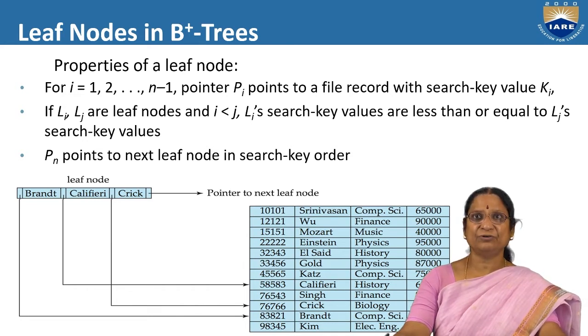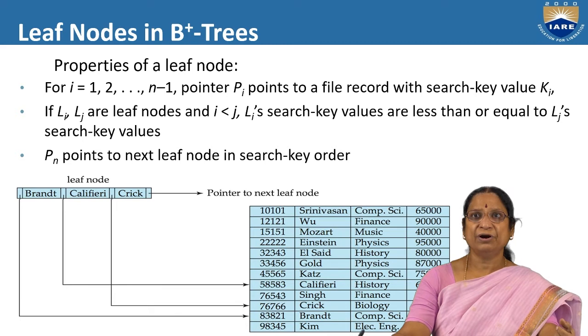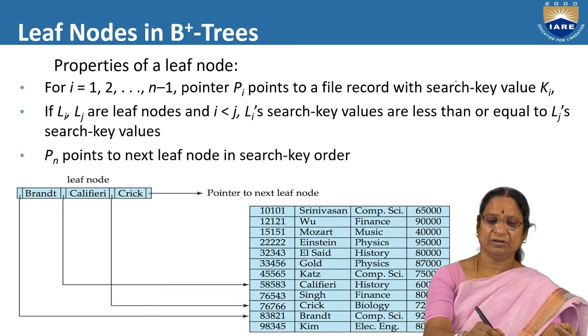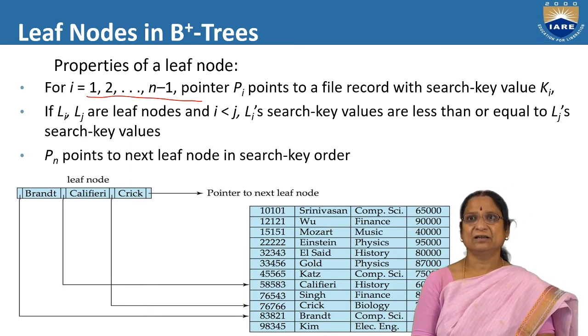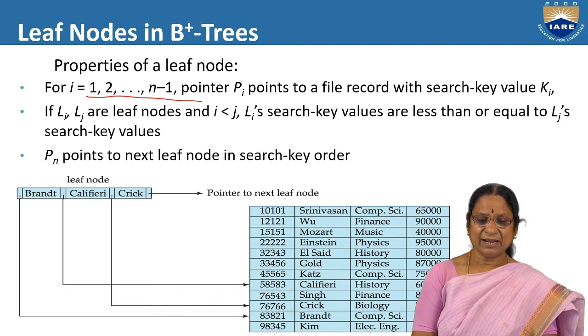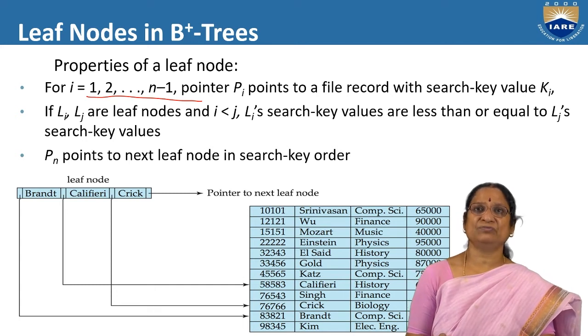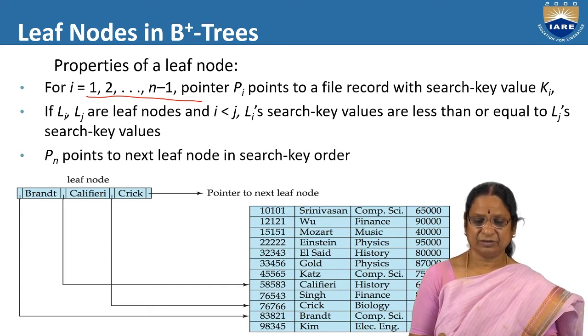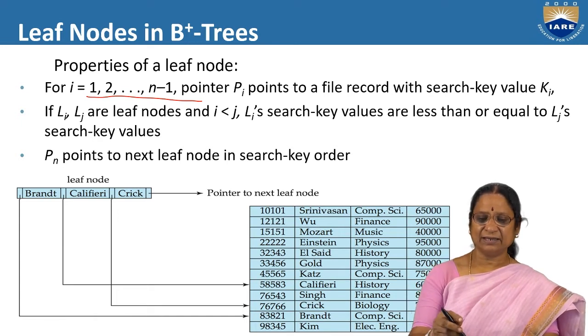These leaf nodes have the following properties: for i equal to 1 to n minus 1, pointer Pi points to the file record with the search key Ki, from the first pointer to the n minus 1 pointers. Let Li and Lj be leaf nodes. Then the last pointer of Li points to the next leaf node, that is Lj. If i is less than j, the search keys of Li must be less than the search keys of Lj.